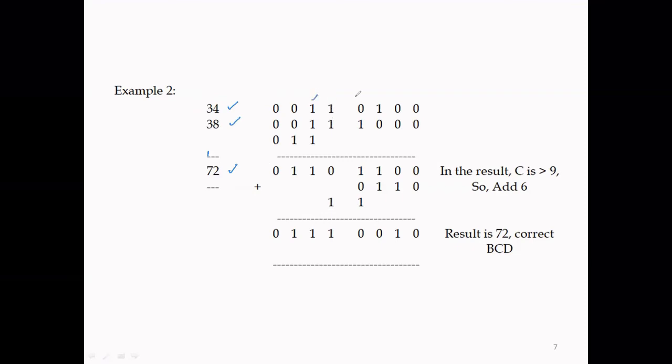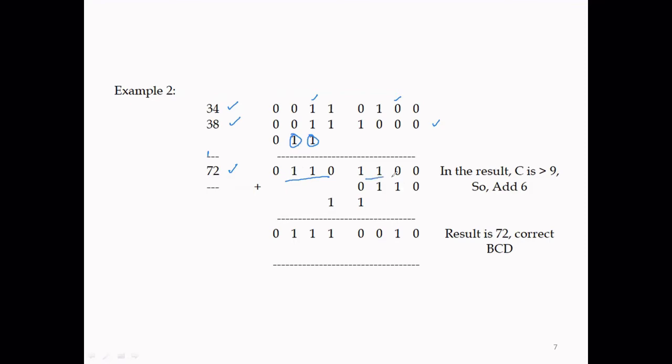This is 3 and 4, and this is 3 and 8. Now we add: 0 plus 0 is 0, 1 plus 0 is 1, 0 plus 1 is 1, 1 plus 1 is 0 with a carry, 1 plus 1 plus 1 is 1 with a carry. So what is this result?